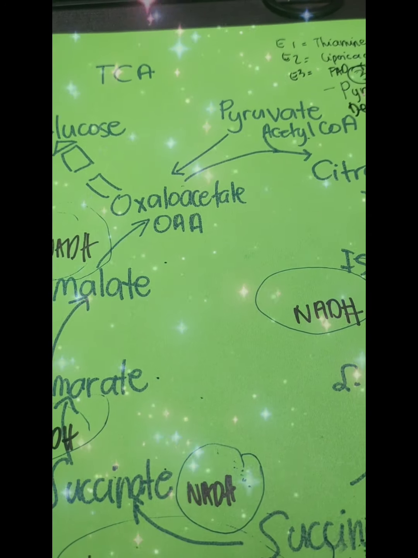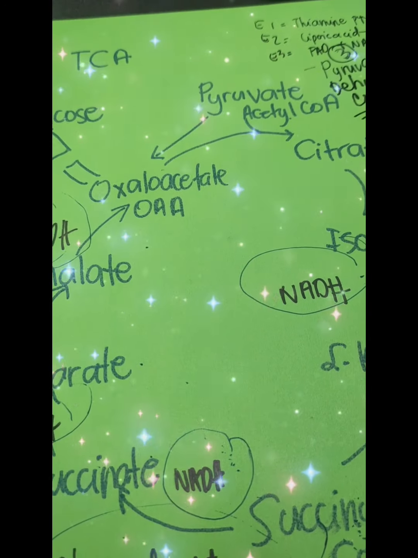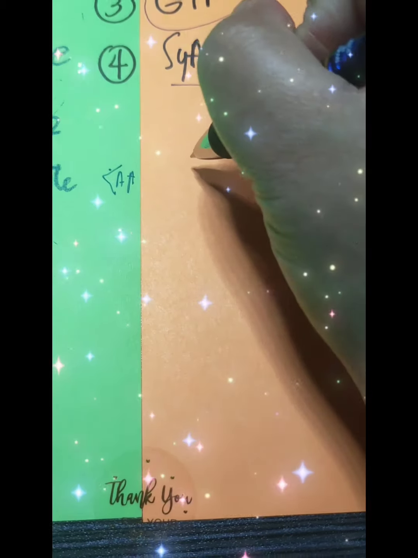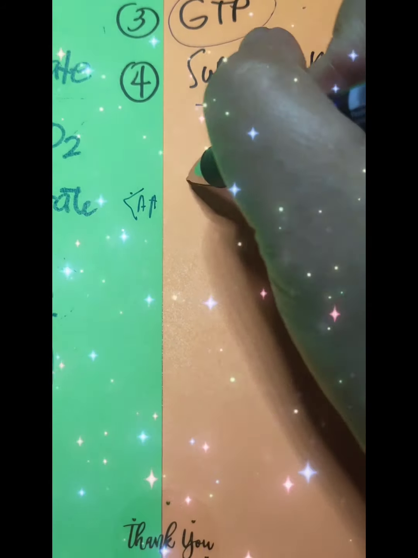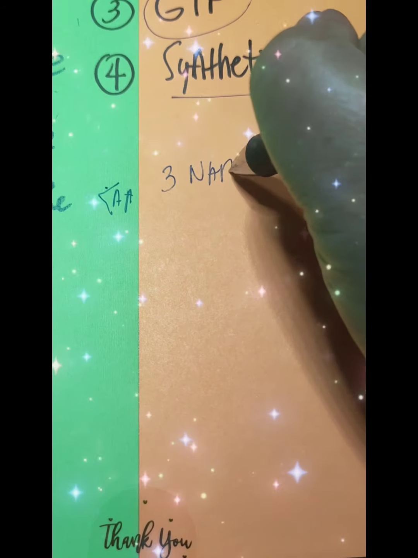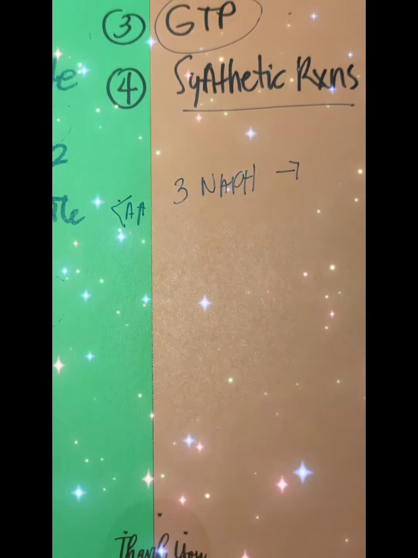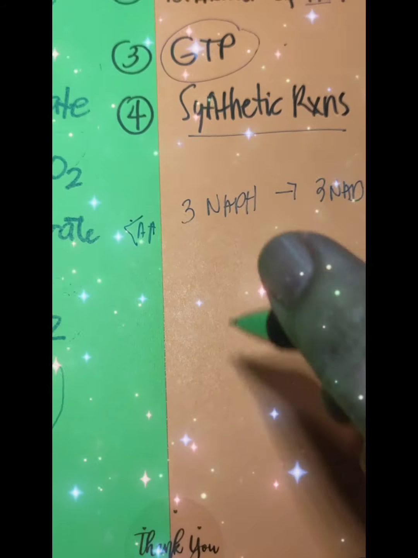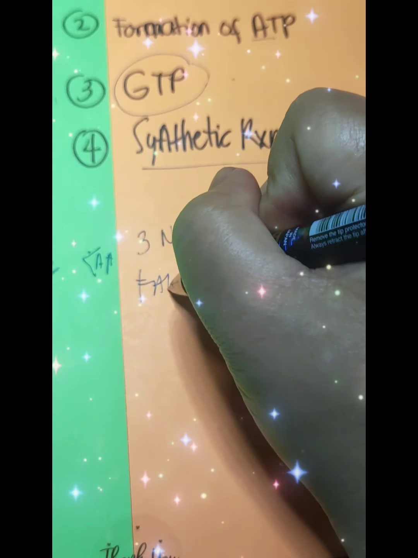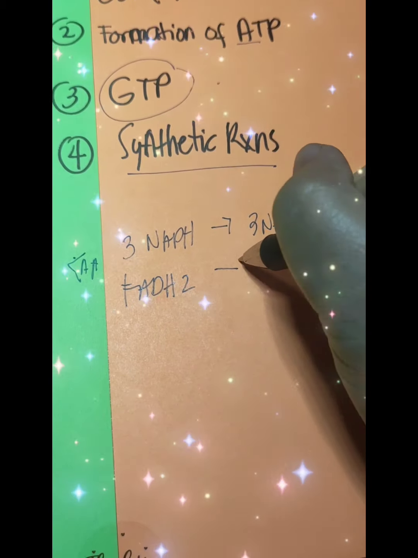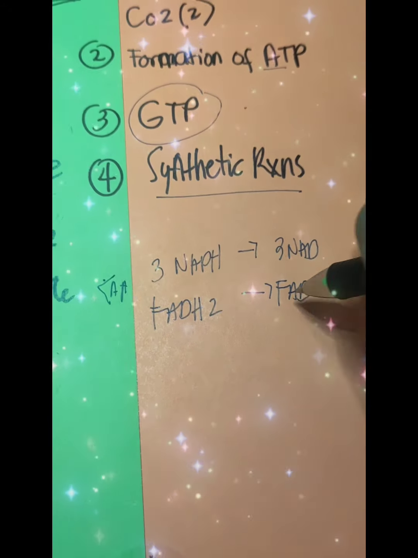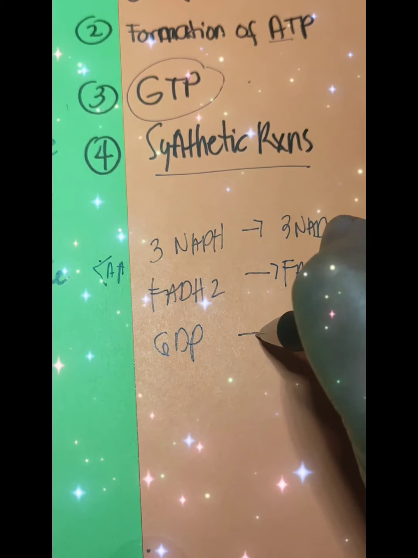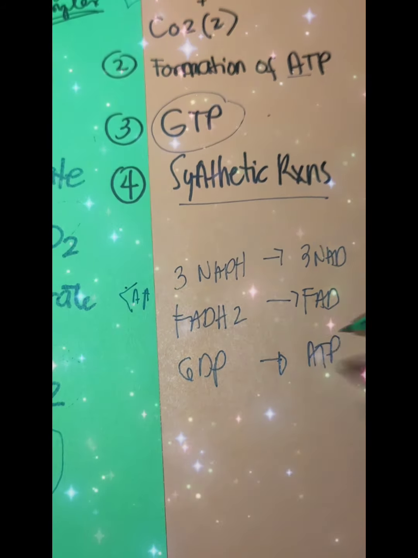So the question is, all in all, how much energy is being formed during the tricarboxylic acid cycle? So, kung tutuusin mo, you have your 3 NADH, which will become your 3 NAD. Okay? You have your FADH2. Isang FADH2, magiging FAD. Tapos, you have your GDP, nag-phosphorylate siya. So, ito yung energy, ATP. No?